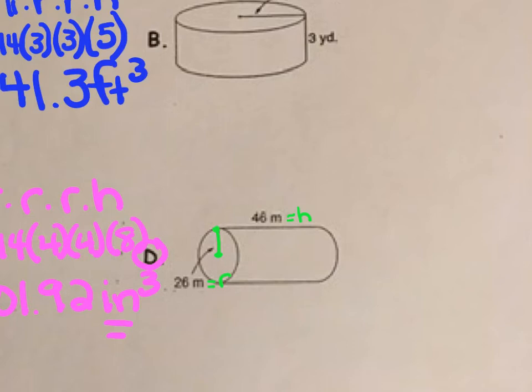Let's calculate the volume of this cylinder. Start with the formula. V equals pi times r times r times h. Step 2, let's substitute. 3.14 for pi times 26 times 26 times 46.